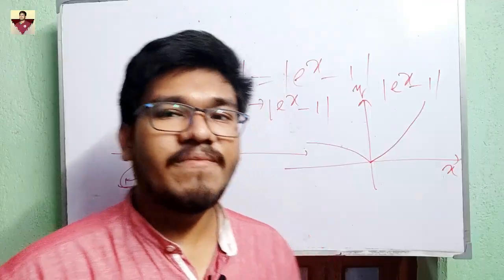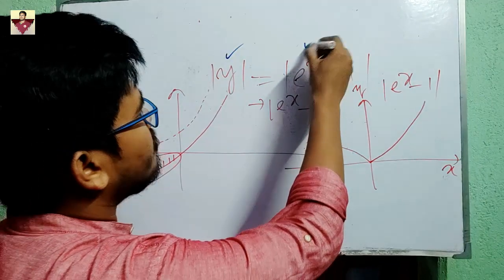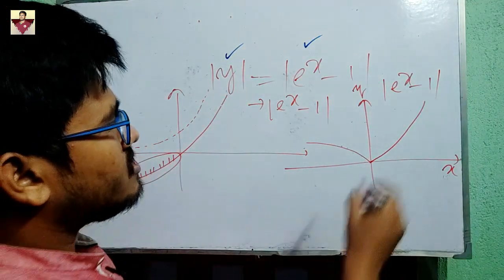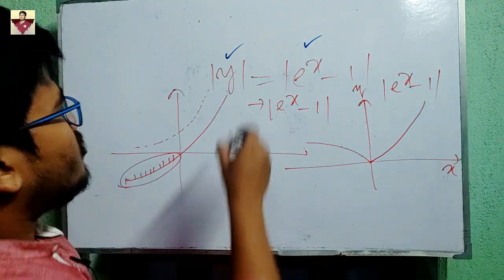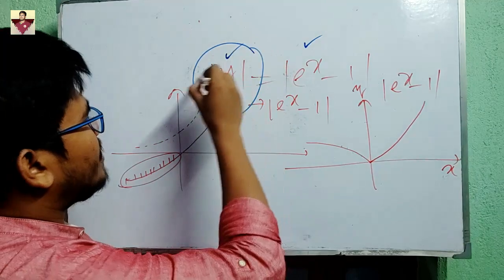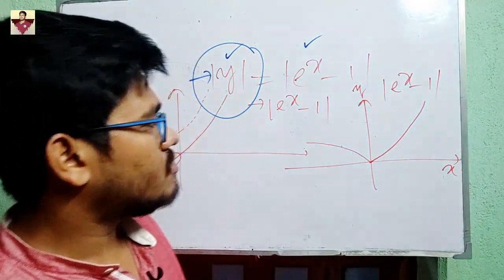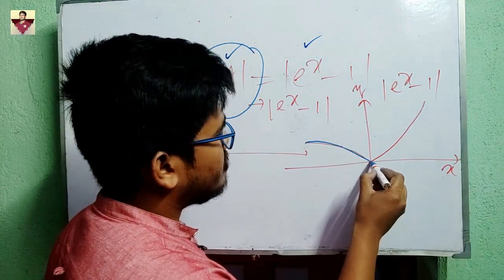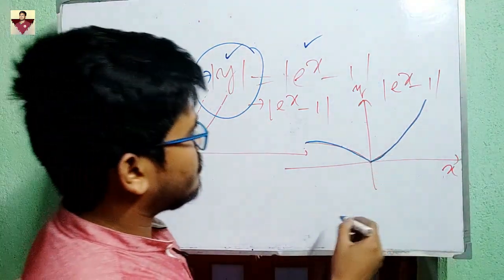Now the final part. If you want to plot modulus y equal to mod of e to the power x minus 1, this is the plot of mod of e to the power x minus 1. If you have a modulus on the left hand side, then all you need to do is take the mirror image of this whole graph. I have the graph like this, then I will take the mirror image of this whole region.